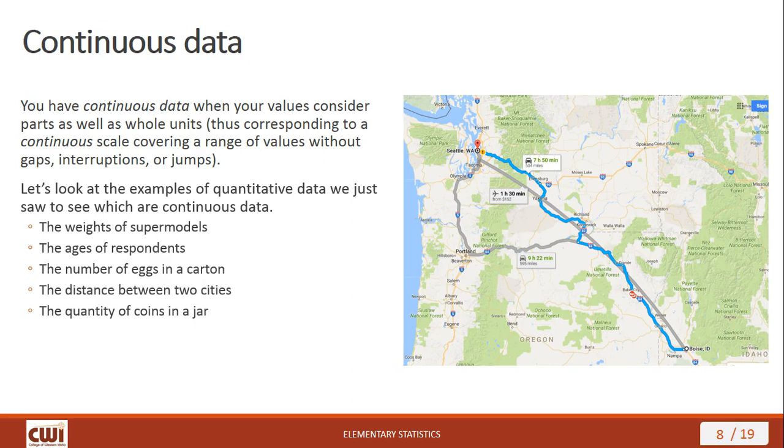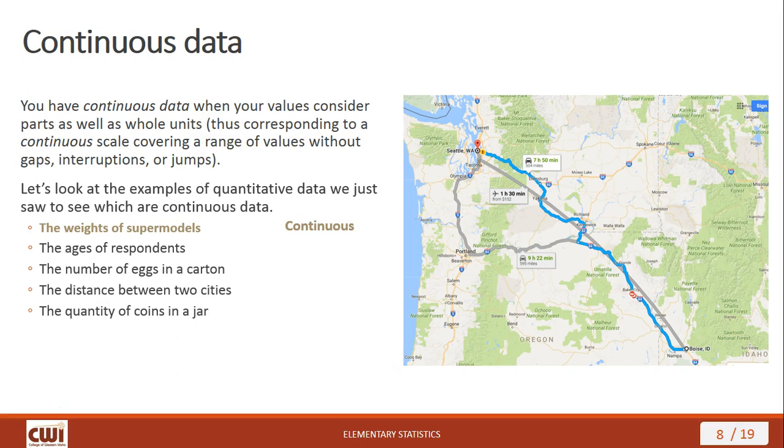The weights of supermodels. Well, now this is an example of continuous data because, as we just discussed, the weight of anything is going to be a part and a whole. So you're going to have a certain whole number of kilograms or a certain whole number of pounds, but then you're going to have a partial pound added in there with it.